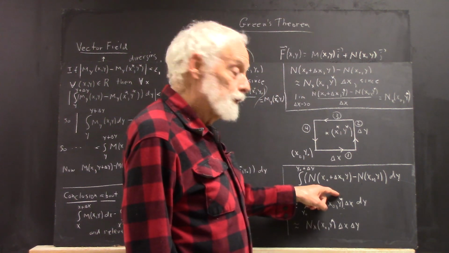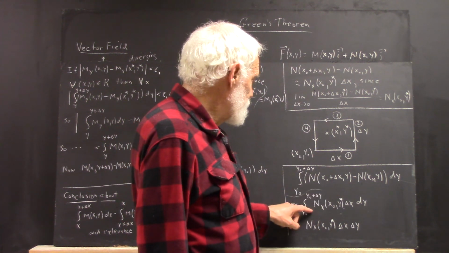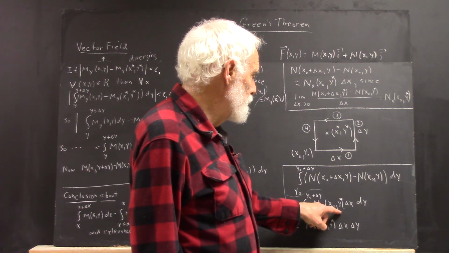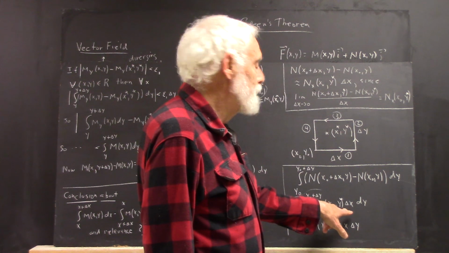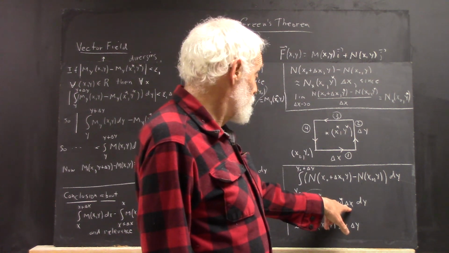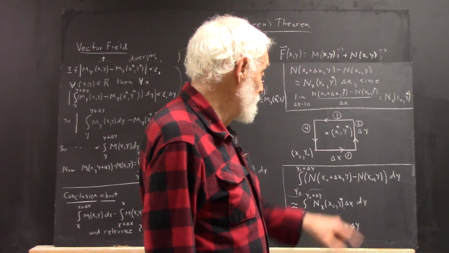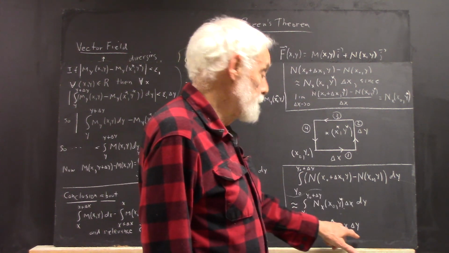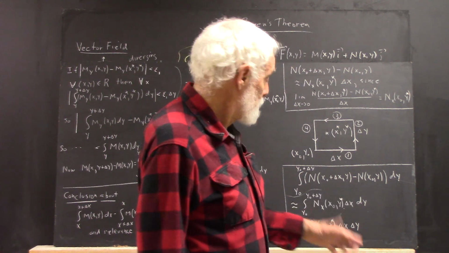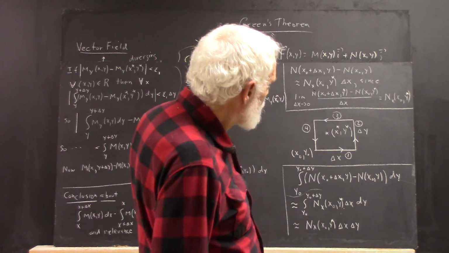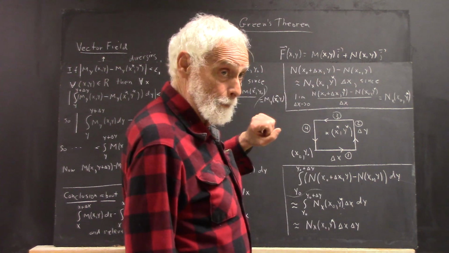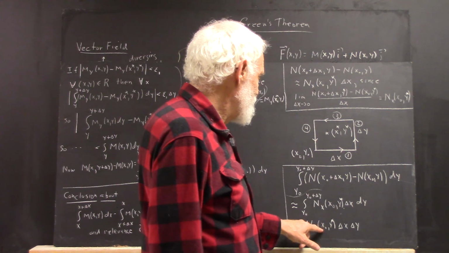If I've got my y star here, it's fixed, so this nx of x naught y star delta x is constant. So if you integrate a constant over an interval of length delta y with respect to y, you just get that constant times delta y. Okay, and that's why I wanted to put the y star there. But I still got that x naught.